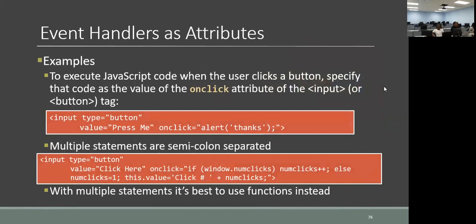So, execute JavaScript code when the user clicks a button. You specify that the code has a value of onClick attribute. And you see here, we have a button, input type button. The value is press, and then you see we have the attribute onClick. And inside that onClick, the value of the attribute is an alert.